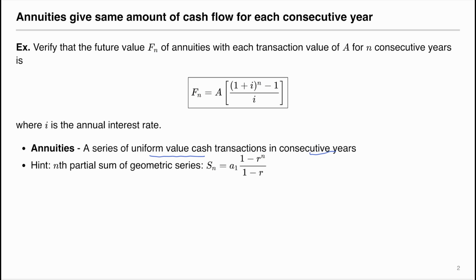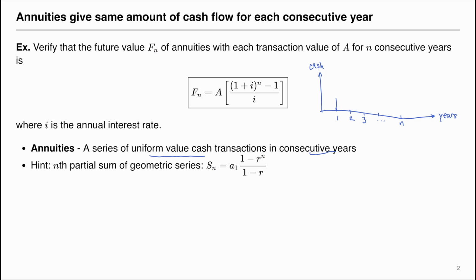So if we draw a cash flow diagram, we have on the x-axis the number of years: 1 year, 2 years, 3 years, and so on to n years. And on the y-axis, we will have cash flow. The annuity will be a uniform value transaction.